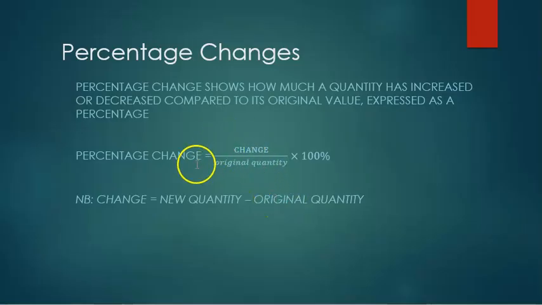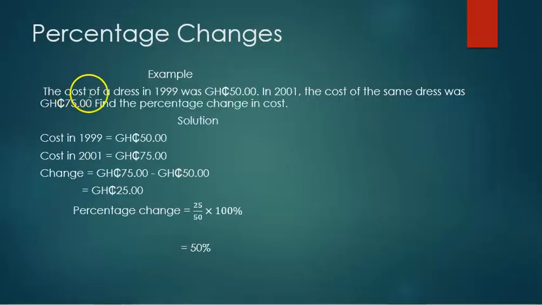So in this formula, percentage change is equal to the new quantity minus original quantity all over original quantity times 100%. So we just have to find the change, the difference between the new and the original. That will be the change divided by the original quantity times 100%. Now let's take some examples and see how best we can solve them.